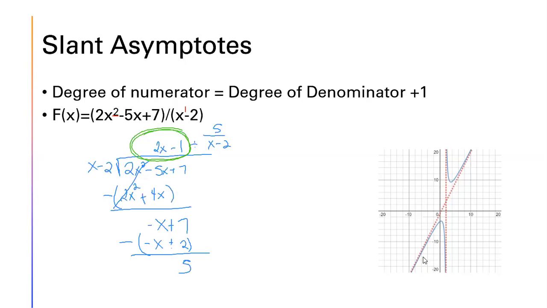As we get smaller and smaller, our graph is approaching that asymptote line. So we're looking for instances where our numerator is 1 degree higher than our denominator. We do the division, we take the portion of the quotient without the remainder, and that is our slant asymptote.